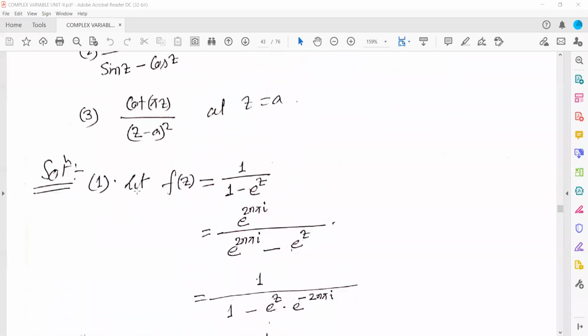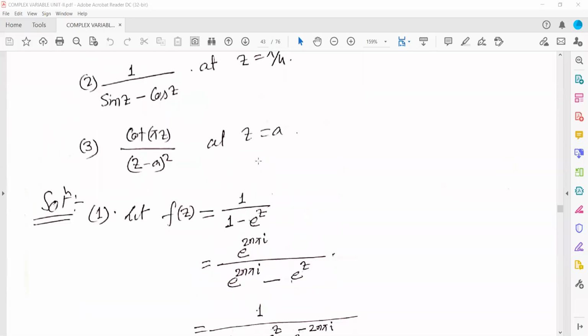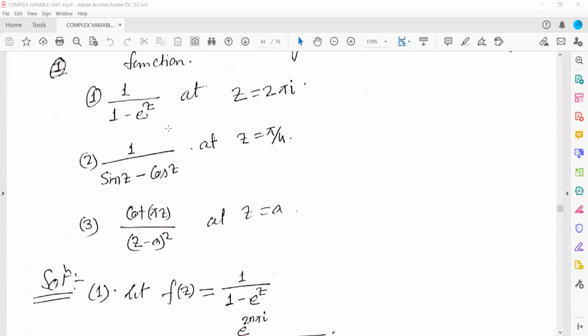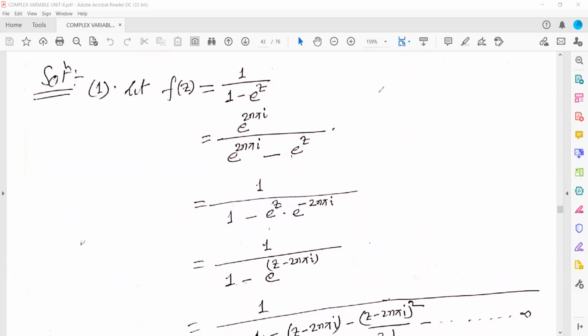Let us see, f(z) is 1 upon 1 minus e to the power z. Now in place of 1, I am going to write e to the power 2n pi i. Why? Is there any problem? Because e to the power i theta is cos theta plus i sin theta.